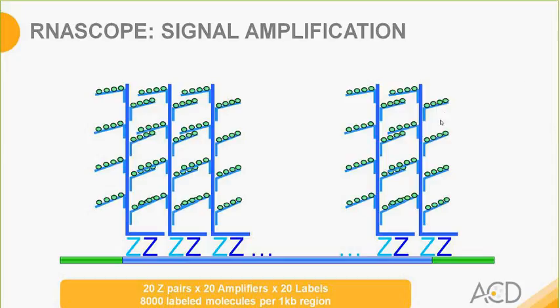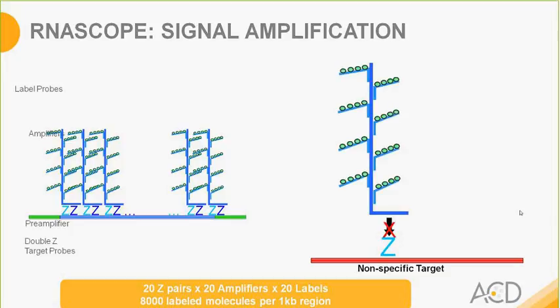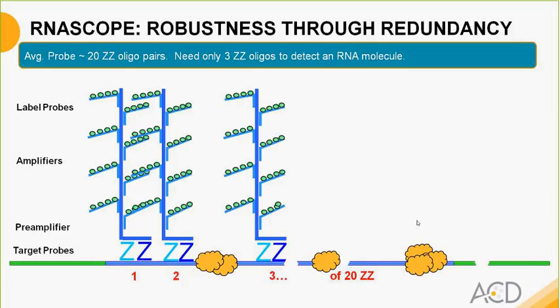If a Z pair happens to bind to a non-specific target region, as shown here, the preamplifier, again the L-shaped probe, will not bind given that there's no specific preamplifier binding site, as there's not a second Z probe here, and no signal is generated in this situation.